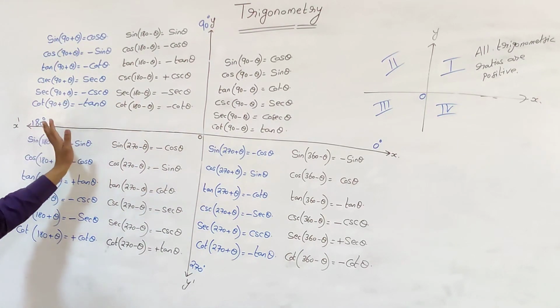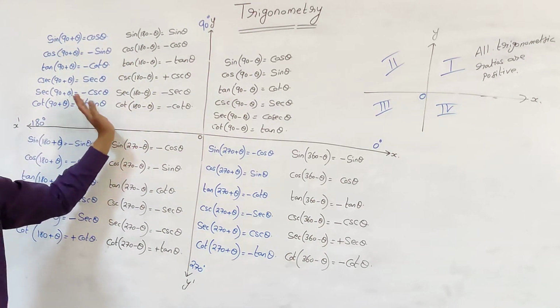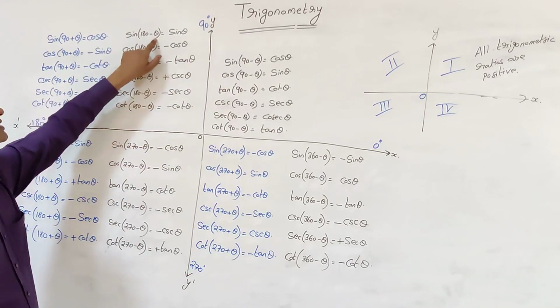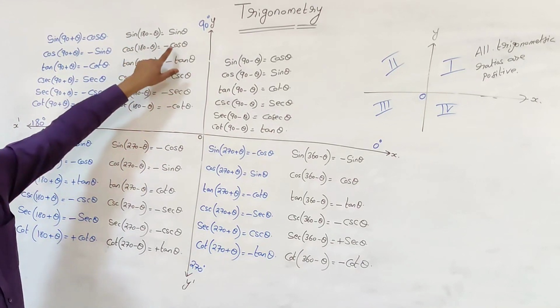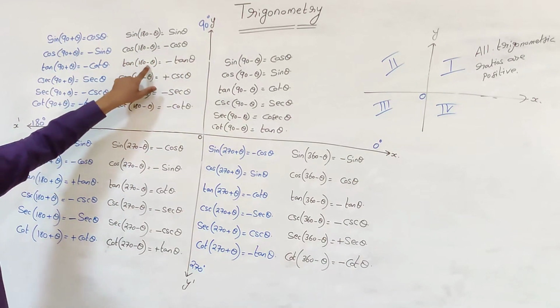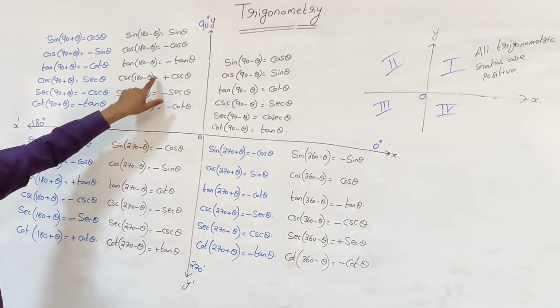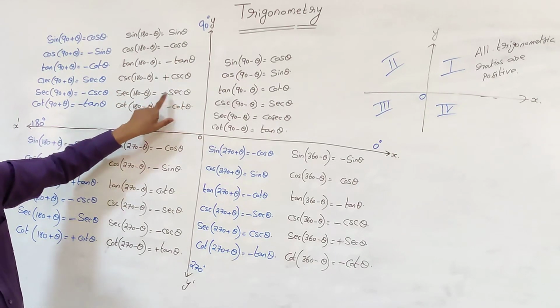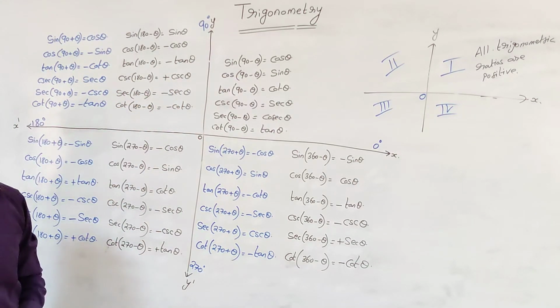Similarly for 180 minus theta, which is an angle that lies in the second quadrant. That is, sine of 180 minus theta is sine theta, cos of 180 minus theta is minus cos theta, tan of 180 minus theta is minus tan theta, cosecant of 180 minus theta is plus cosecant theta, secant of 180 minus theta is minus secant theta, cot of 180 minus theta is minus cot theta.